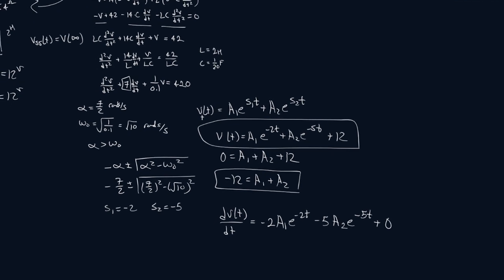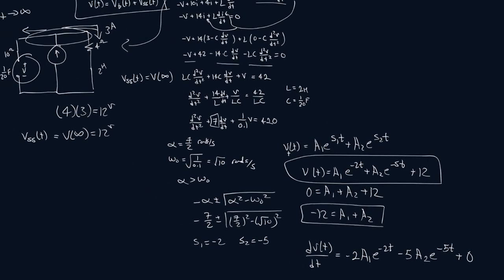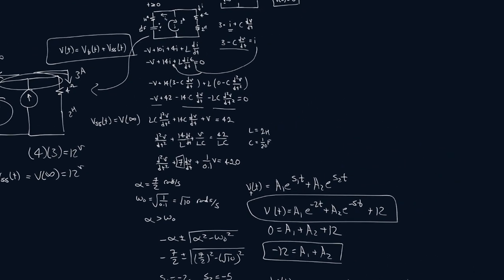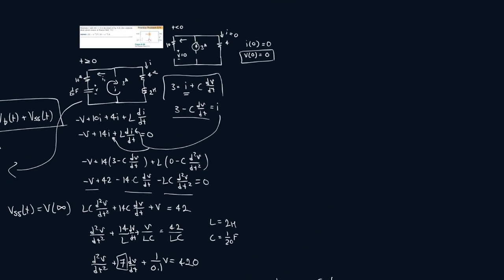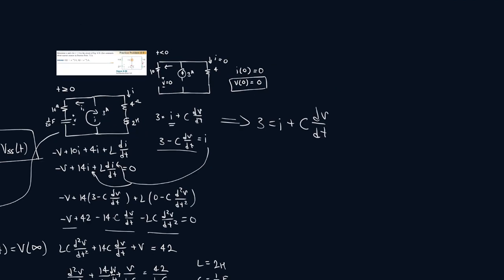Okay, so now what we need to find is dv over dt at a certain point. So to find that, we're going to pretty much use this formula. So we know when t was 0, our current passing through the inductor was 0. And we know our capacitance, which is 1 over 20.